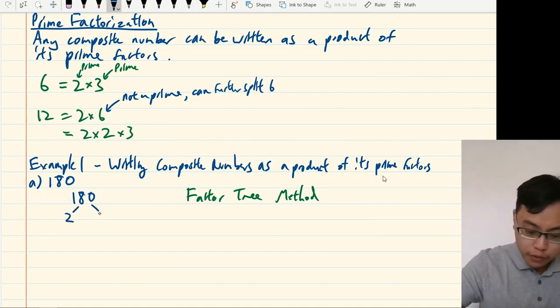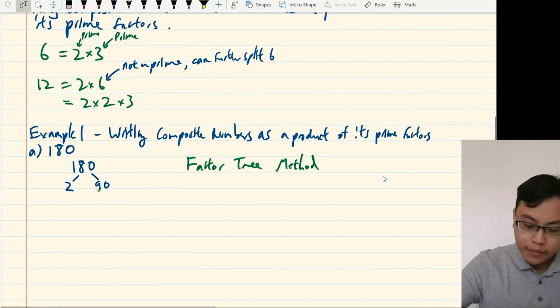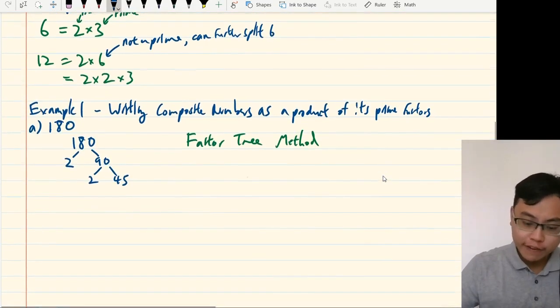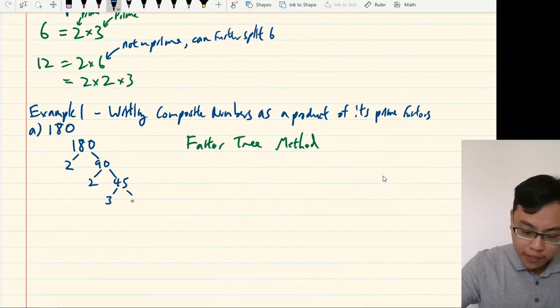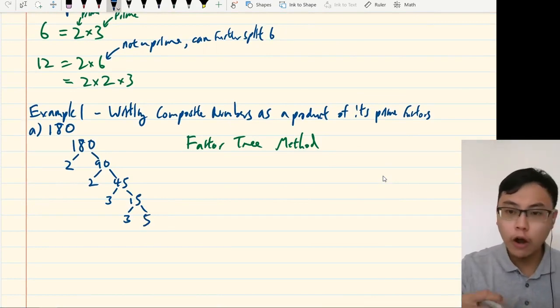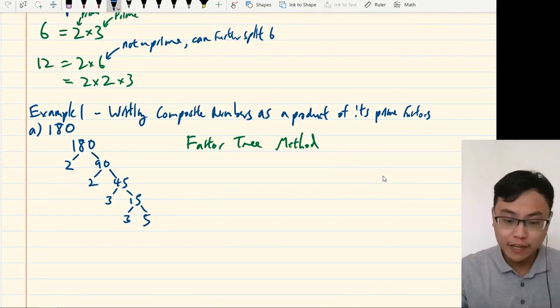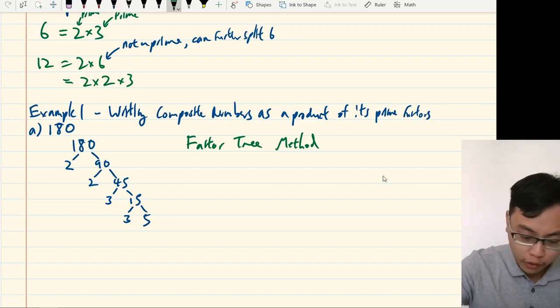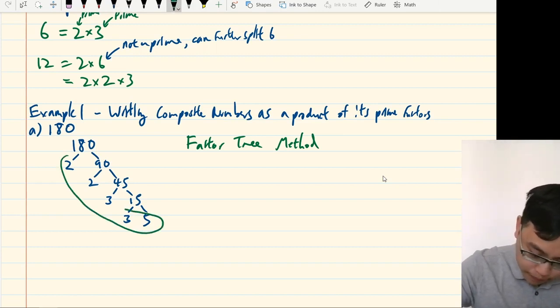And so I can split it into 2 times 90. And then 90 can be split into 2 times 45. 45 can be split into 3 times 15. And lastly, 15 can be split into 3 times 5. And so here are all its prime factors.